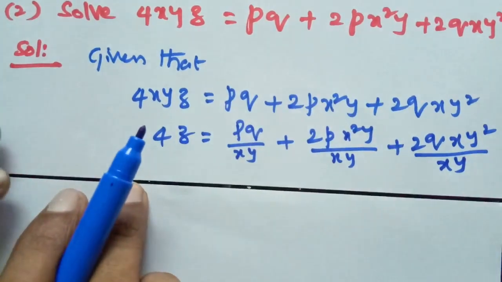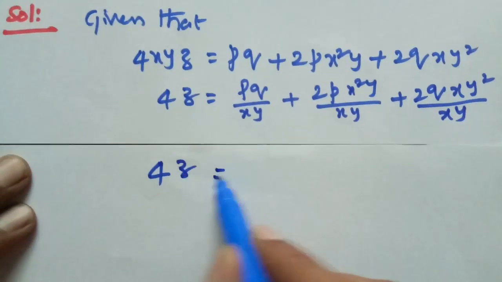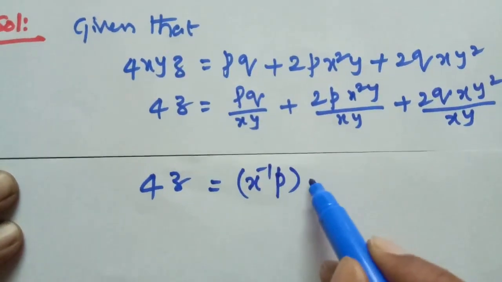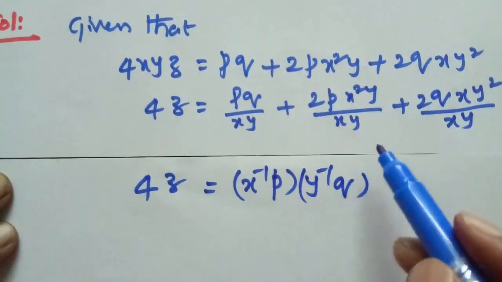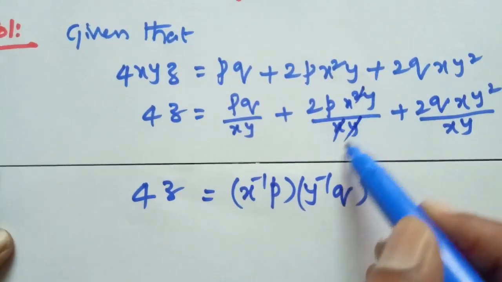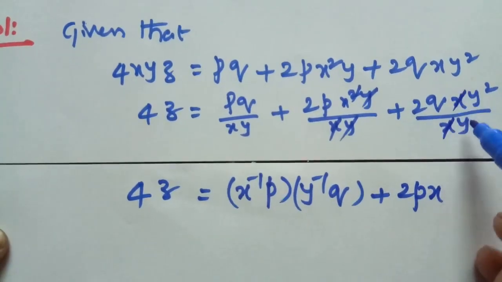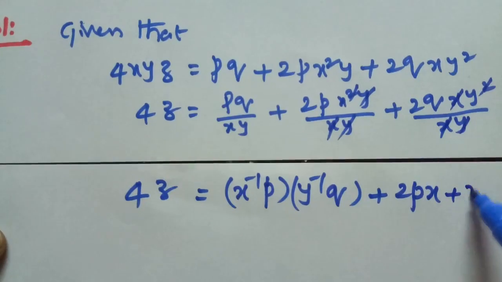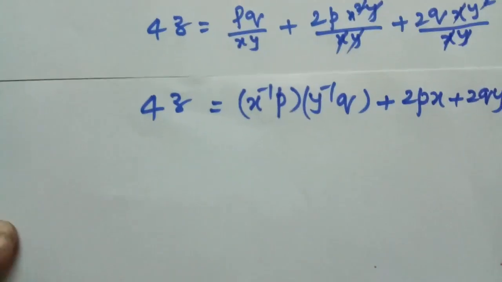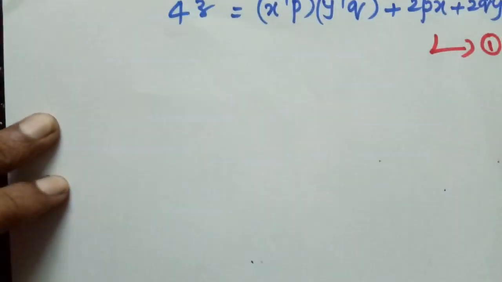Therefore, this can be written as 4z is equal to x power minus 1 into p, y power minus 1 into q, plus, x cancel, y cancel, 2px, x cancel, y cancel, 2qy. So say this is equation number 1.